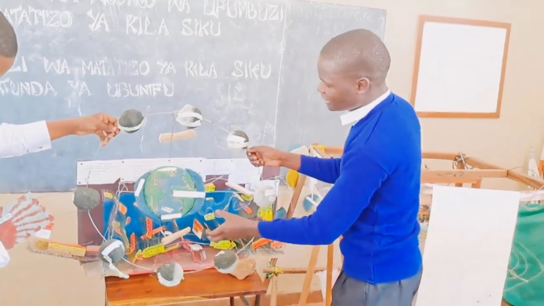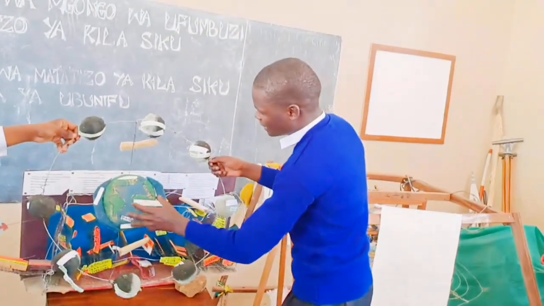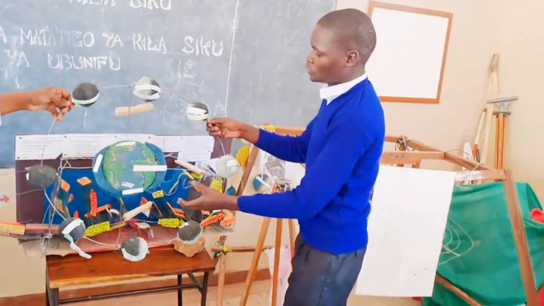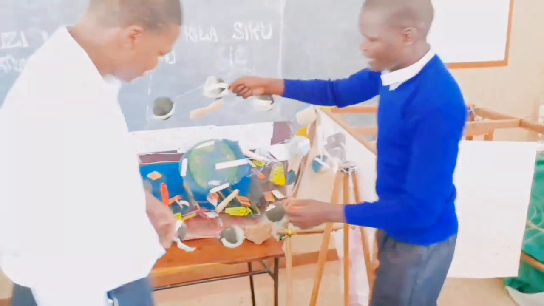The contraction on both sides generates the drifting of the continents.